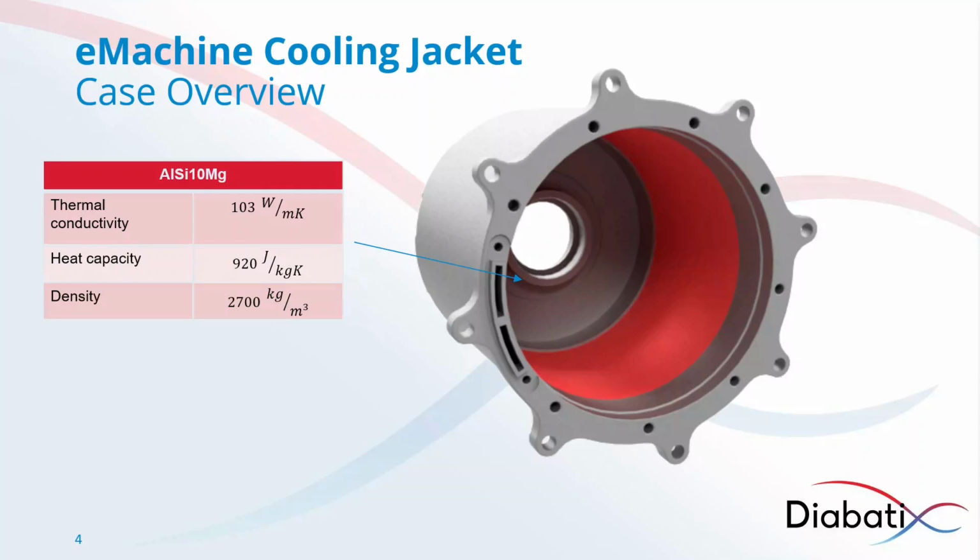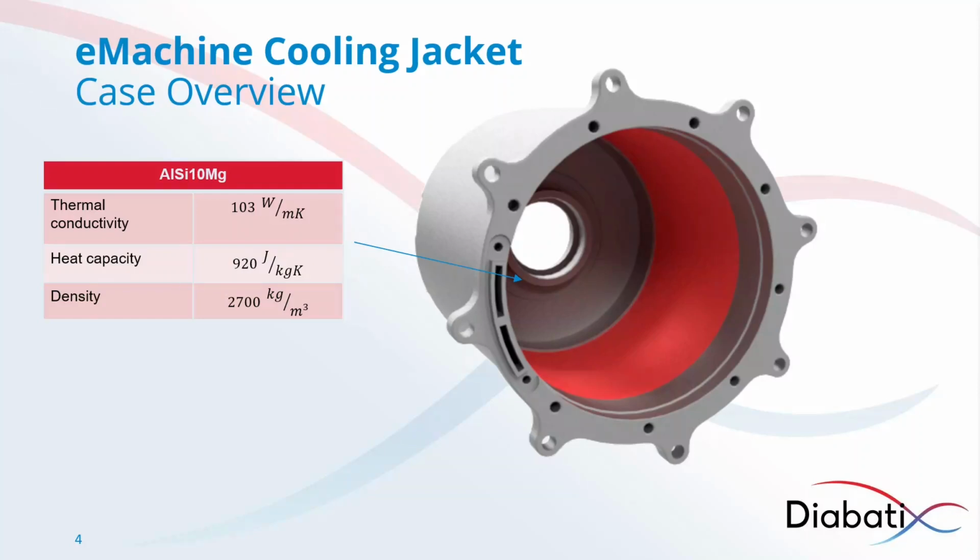So we have the cooling jacket case, which is basically the thing which is placed over an electric motor. The electric motor itself is not simulated. The cooling jacket is made out of aluminum with these material properties: a density of 2,700 kilograms per cubic meter and a thermal conductivity of 103 watts per meter Kelvin.